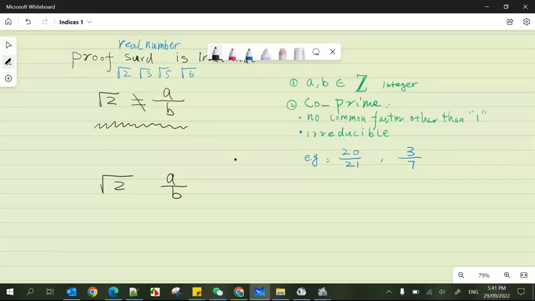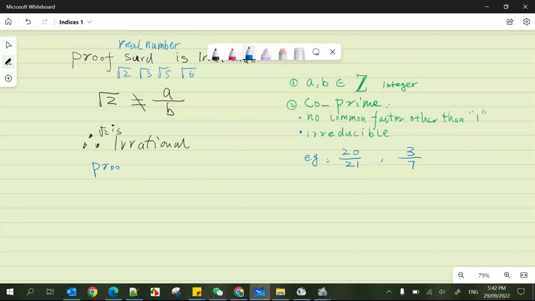That means we assume square root 2 is equal to a over b. If finally we can't prove square root 2 is equal to a over b, that means square root 2 is not equal to a over b. So square root 2 will be an irrational number. This kind of thing we call proof by contradiction.